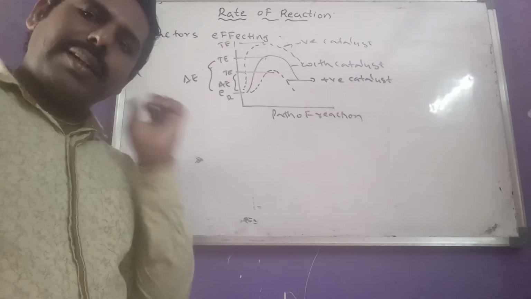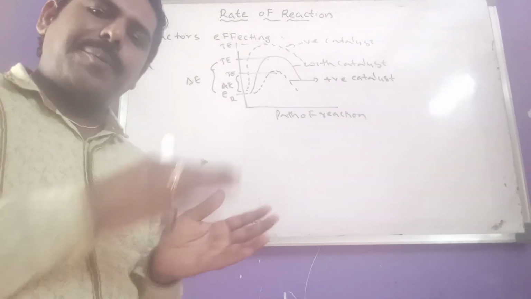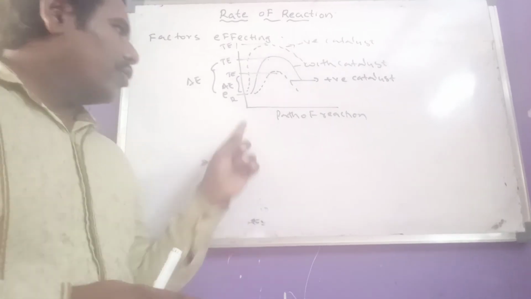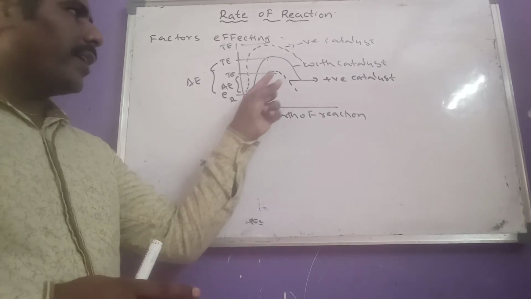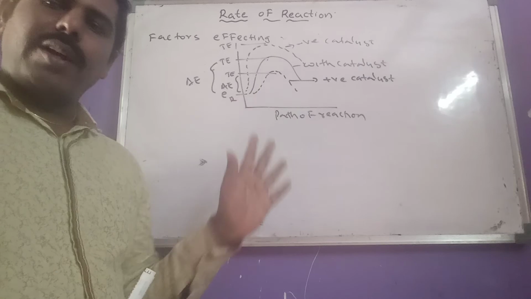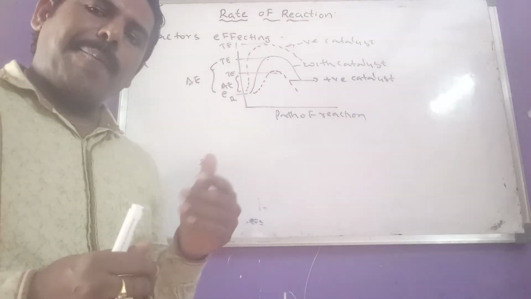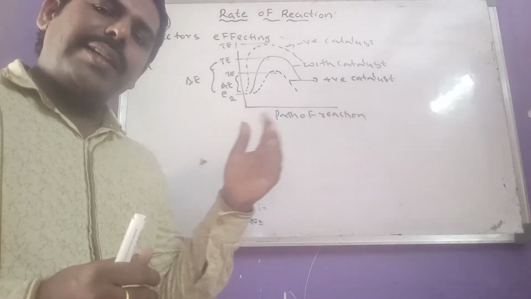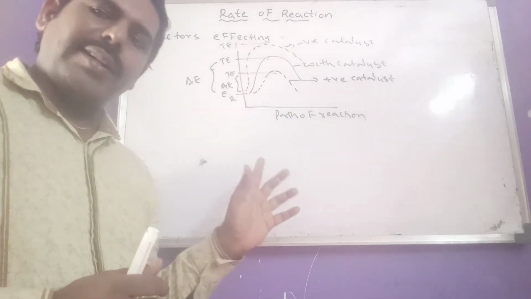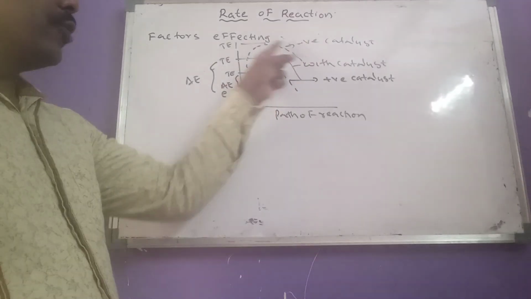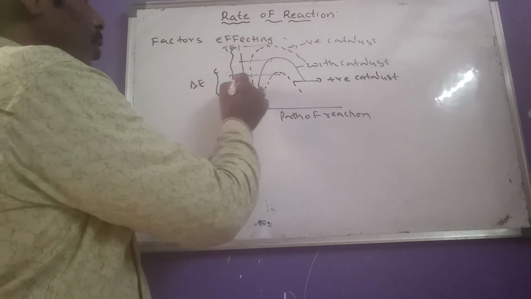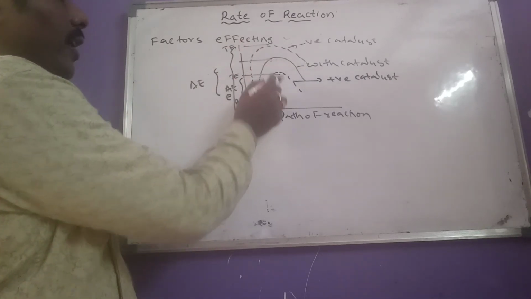That means a positive catalyst decreases the activation energy of reaction, so that more number of reactants overcome this energy barrier and convert into products. So like that, a positive catalyst increases the rate of reaction by decreasing the activation energy. And if you come to negative catalyst, what happened here, this energy gap is more compared to without catalyst.